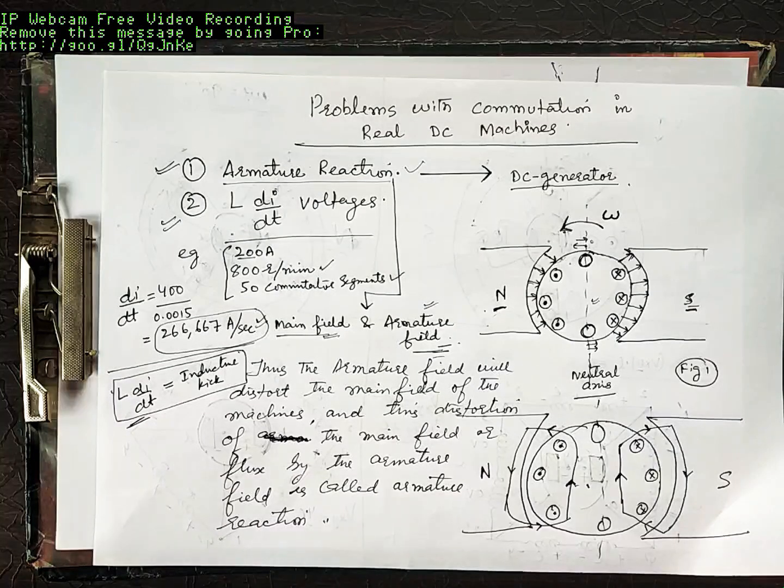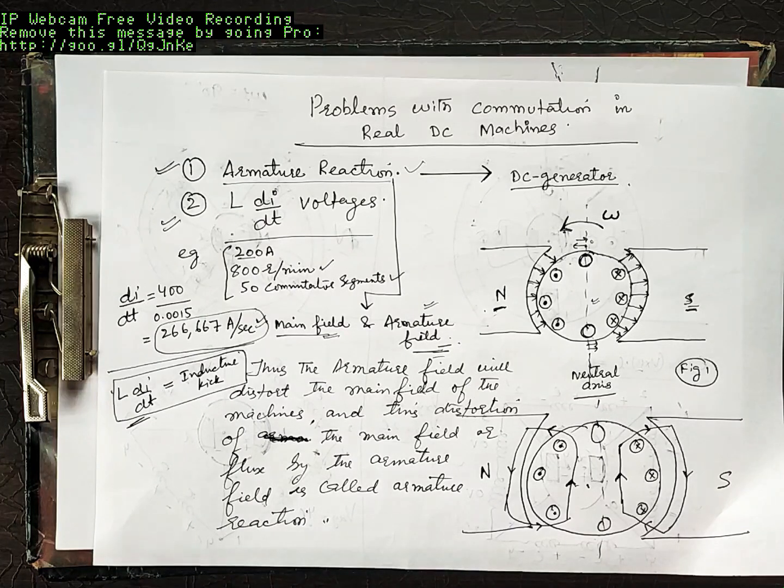Because of this inductive kick, there is a huge voltage across the two commutator segments when the coil is being switched from one brush to the other brush.